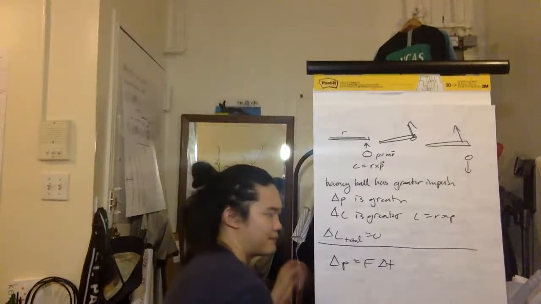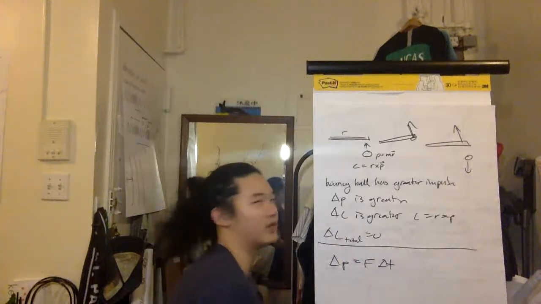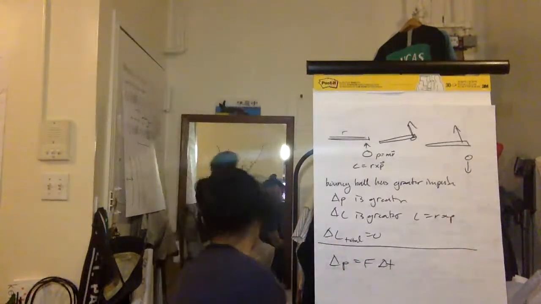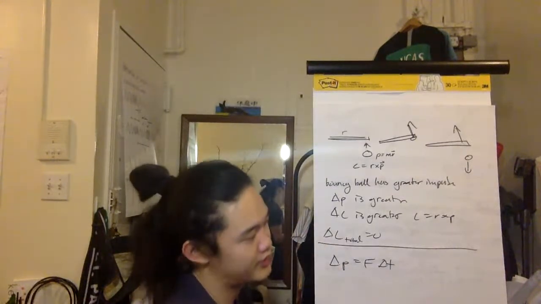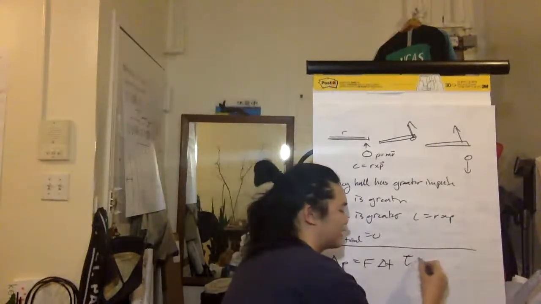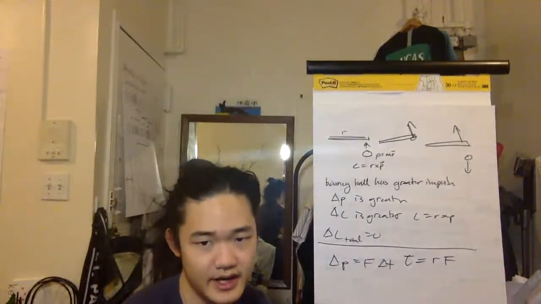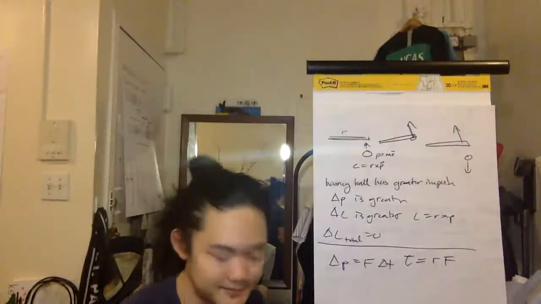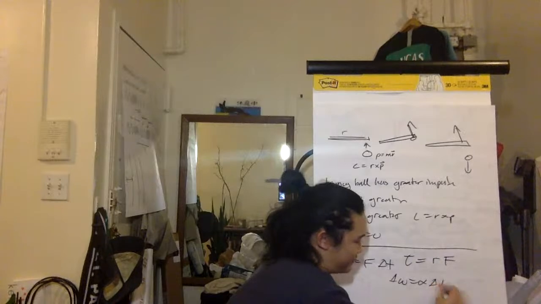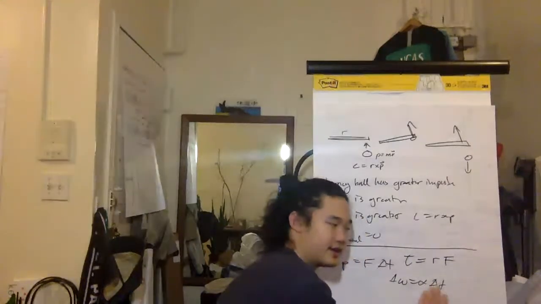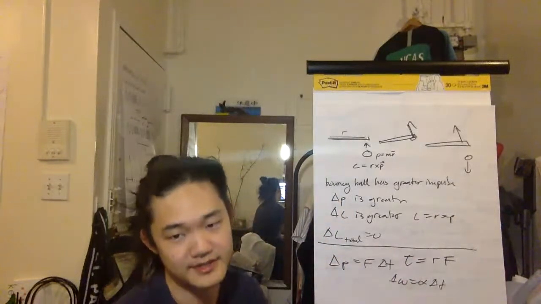But by Newton's third law, if the door exerted a bigger force on the ball, then the ball exerts a greater force on the door in the bouncy case as well. If the ball exerts a greater force on the door, then it exerts a greater torque on the door, and that causes a greater alpha. Since change in omega is alpha times time, and the time is the same, the door with the greater alpha is going to have a greater change in angular momentum. Yeah, that's the second explanation.